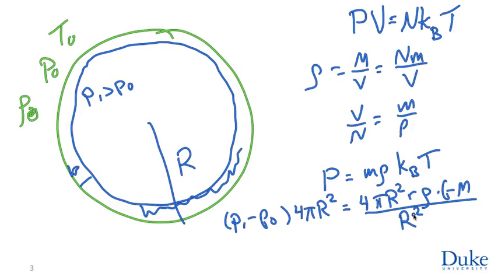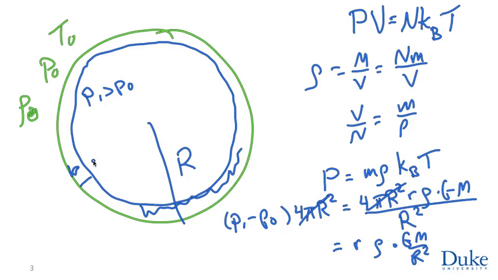And from here, canceling these factors, I can find that the pressure change is r times rho times GM over r squared. Okay, now that tells me that if I know the pressure here, I can tell the pressure there. I want to figure out the density and the temperature in here.